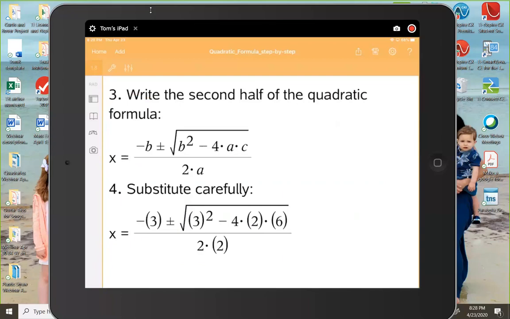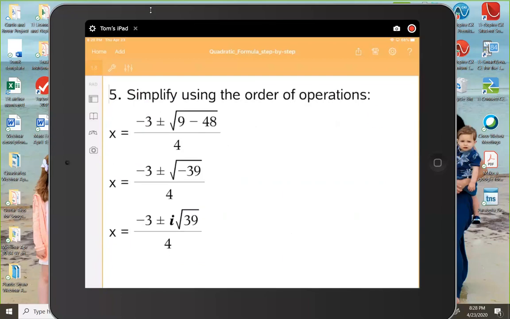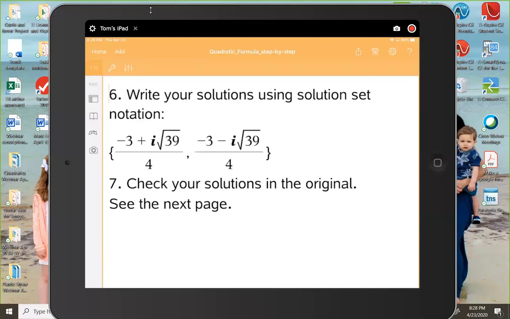After they substitute, go ahead and simplify using the order of operations, and you can see we're getting imaginary solutions here. And so that would be your solution set. But I also like the idea of having students show how to check it. And this is, again, very, very important to me that they do this.